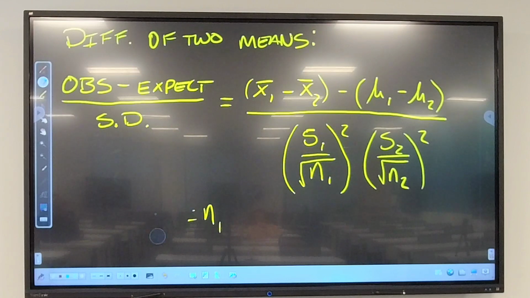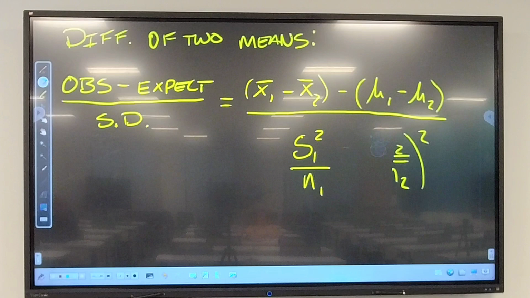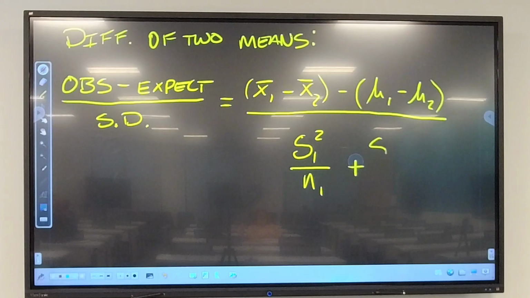So if I square both of those, then I won't have a radical in the denominator. So it'll be S1 squared over however many people are in the first group. And then I can just add that to S2 squared over however many people were in the second group.